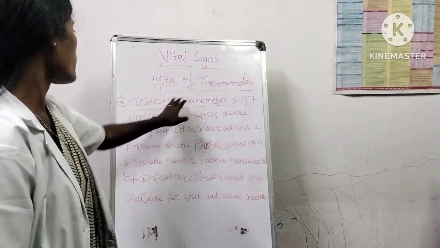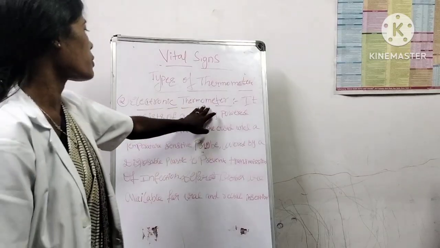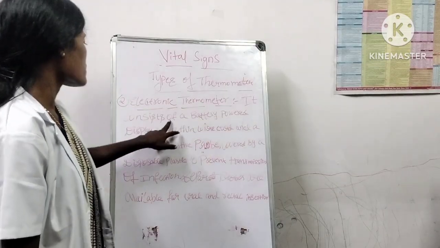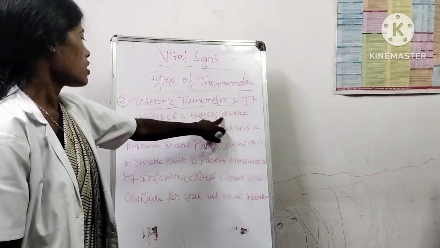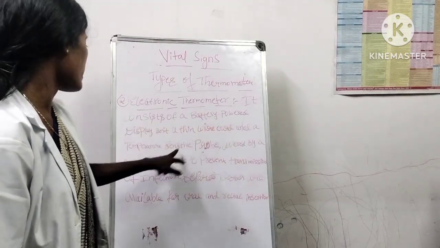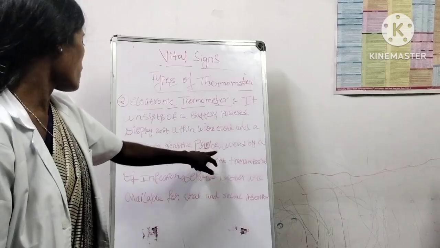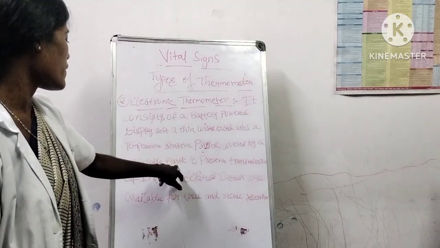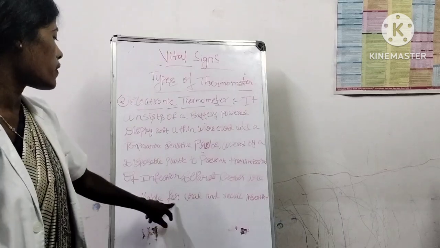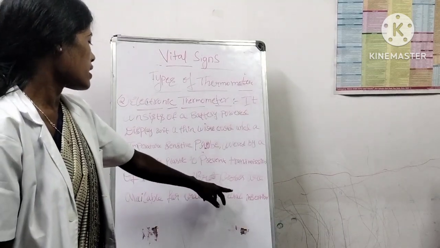Second type, the electronic thermometer. It consists of a battery power and display unit, a thin wire cord and a temperature sensitive probe covered by a disposable plastic cover to prevent transmission of infection. Separate probes are available for oral and rectal insertion.